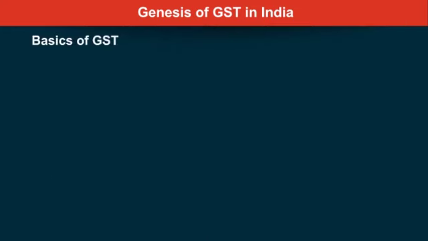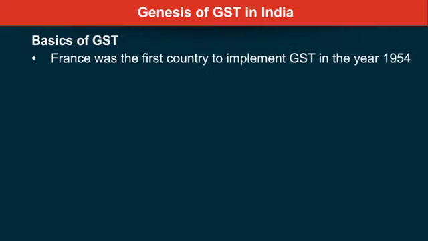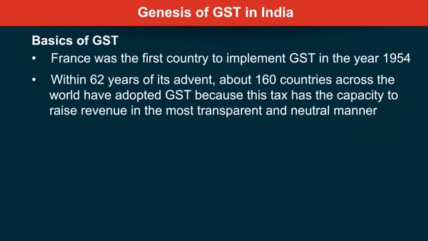Basics of GST. Now we'll understand globally as to how GST was introduced and how various countries adopted the concept of GST. France was the first country to implement GST in the year 1954, and within a period of 62 years of the introduction, about 160 countries across the world have adopted the GST.